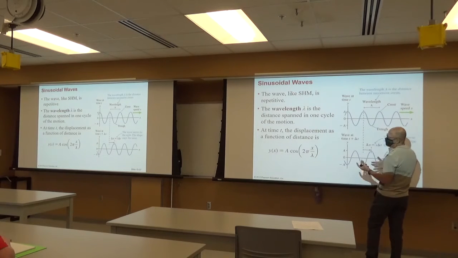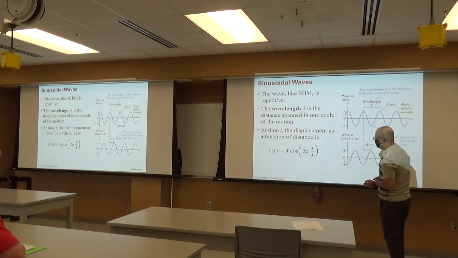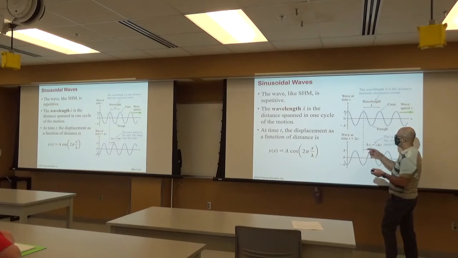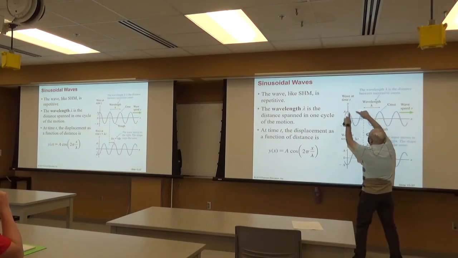There are a bunch of ways you can interpret or find the wavelength of the whole wave. For example, you can start from here and then there. So crest to crest is one wavelength. That's this distance.